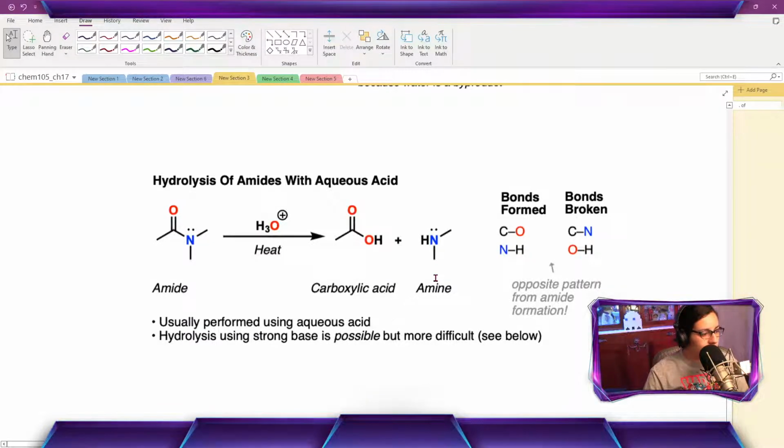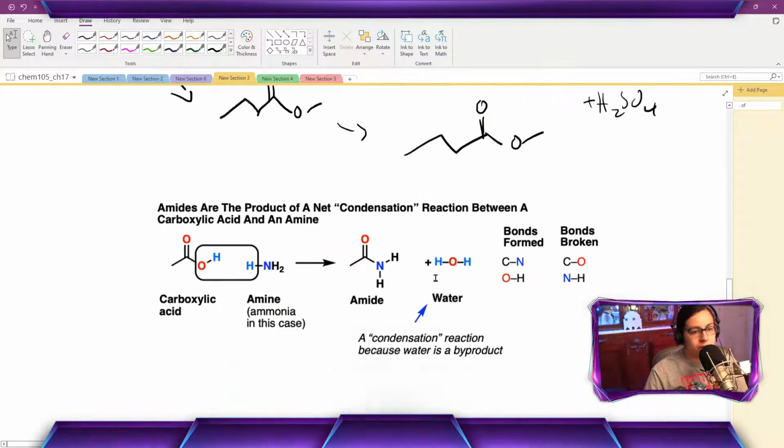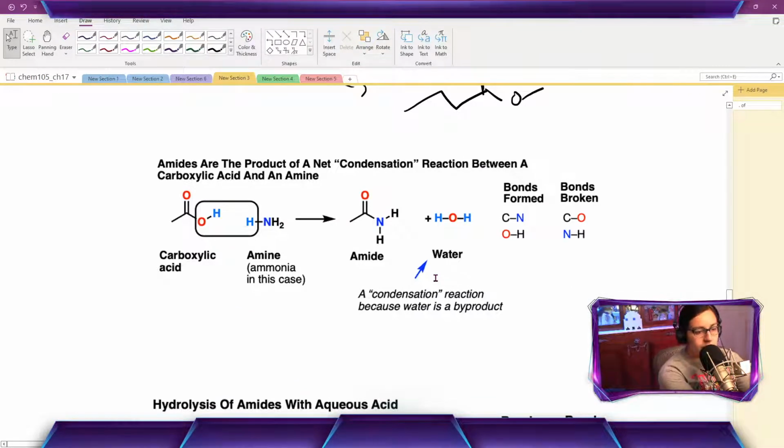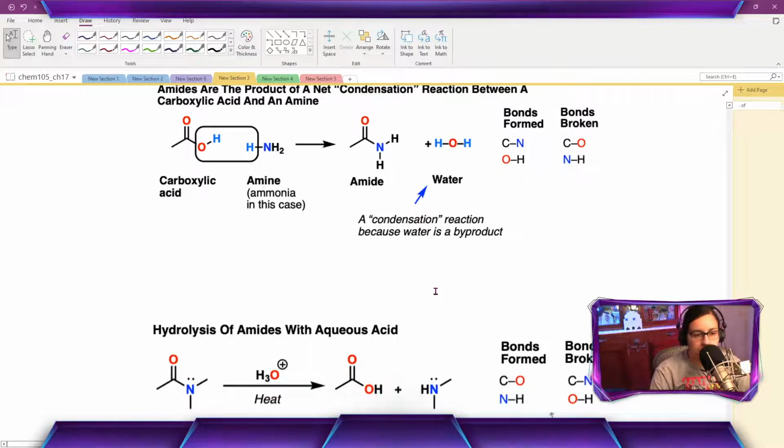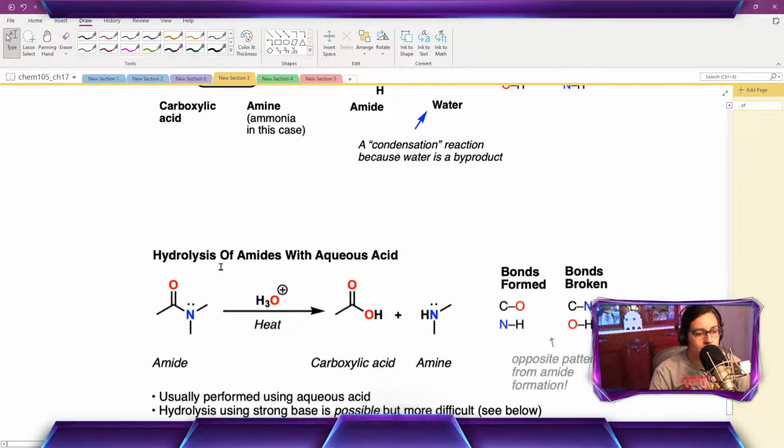And then kind of going now in the reverse. So we said that these were condensation reactions. And so the opposite of this, if you're losing water, would then be reacting with water.